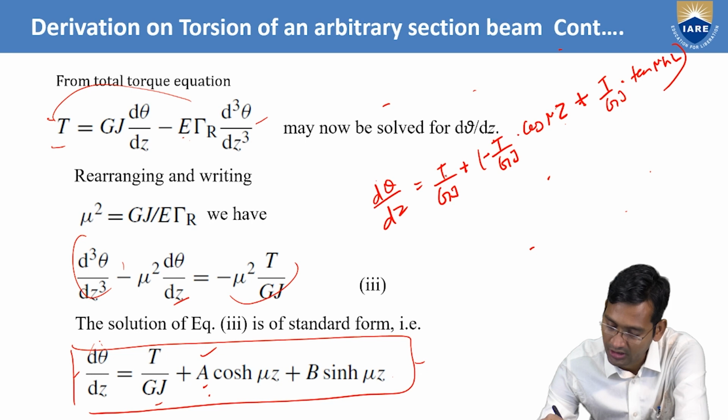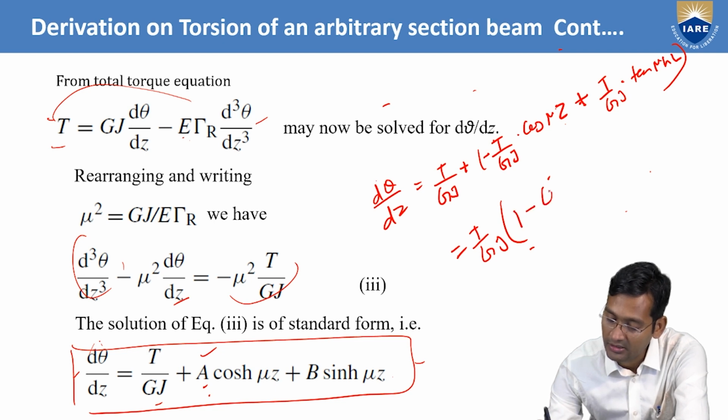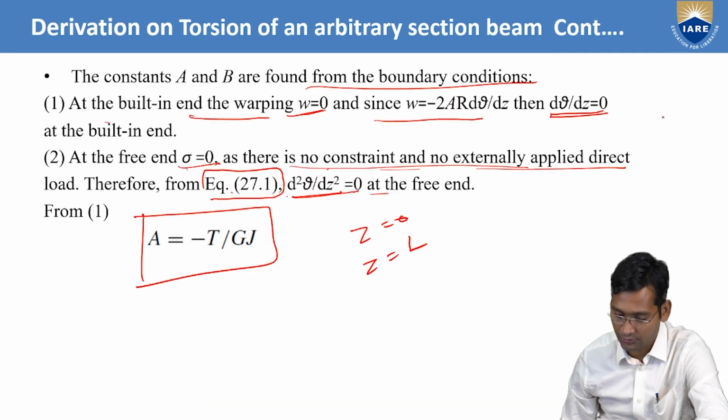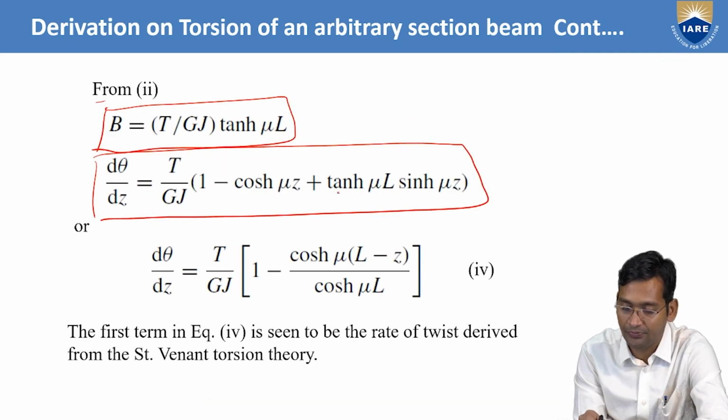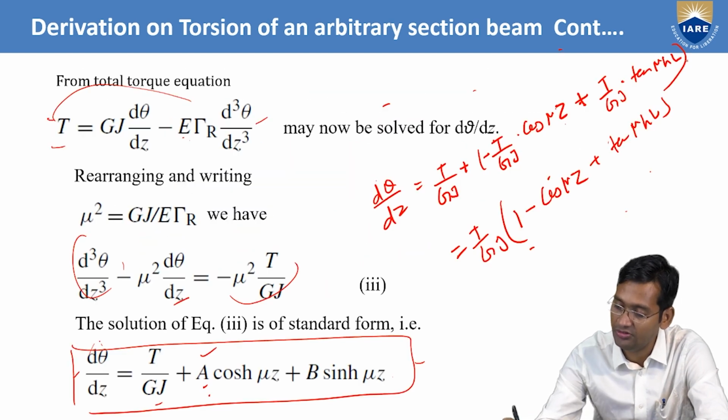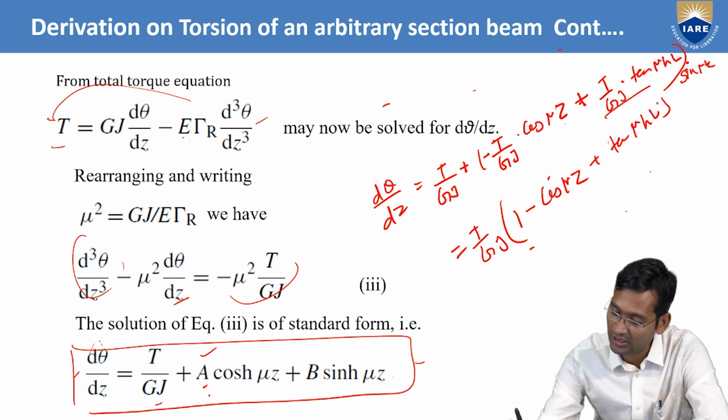Now let's see what we can do here. T by GJ is common in all the terms, so taking T by GJ common, we get 1 minus cosh mu z plus tanh mu L into sinh mu z, because B is multiplied by sinh mu z.